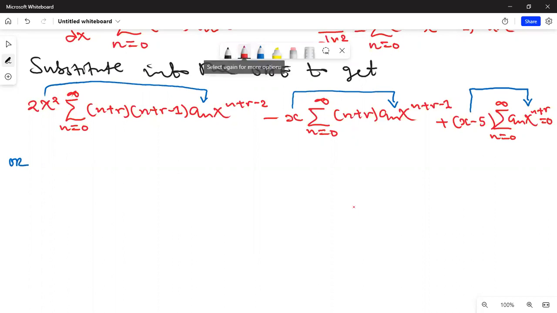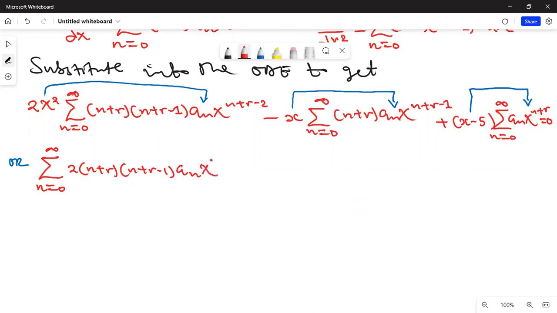The first one will give us the sum from n equals 0 to infinity of 2(n plus r)(n plus r minus 1) a subscript n, then x raised to n plus r. Remember, laws of indices, we are multiplying x squared and x raised to n plus r minus 2, so when you add the powers, you get n plus r.